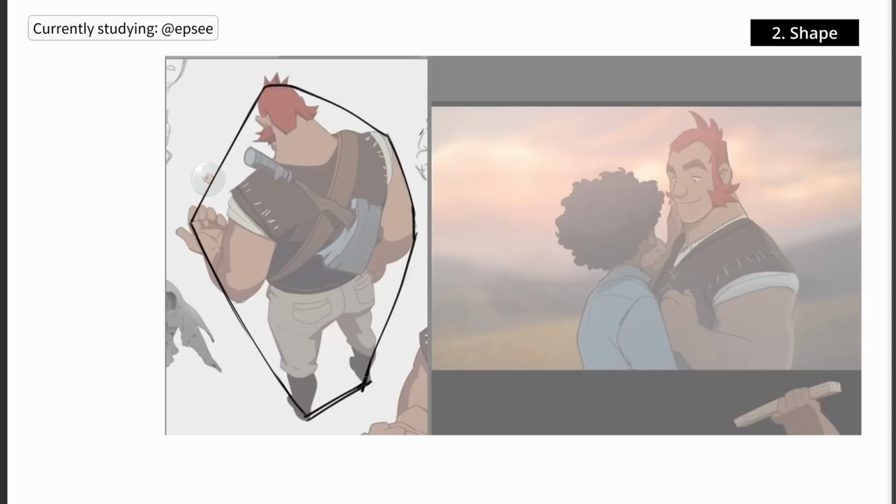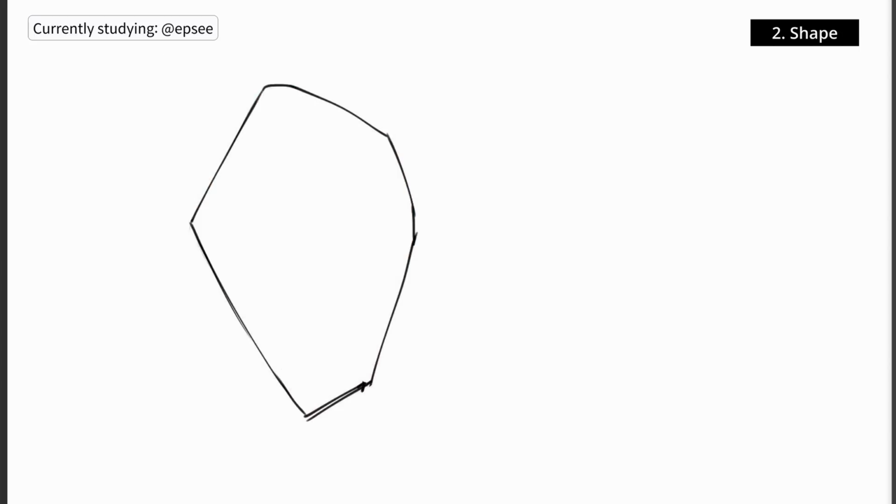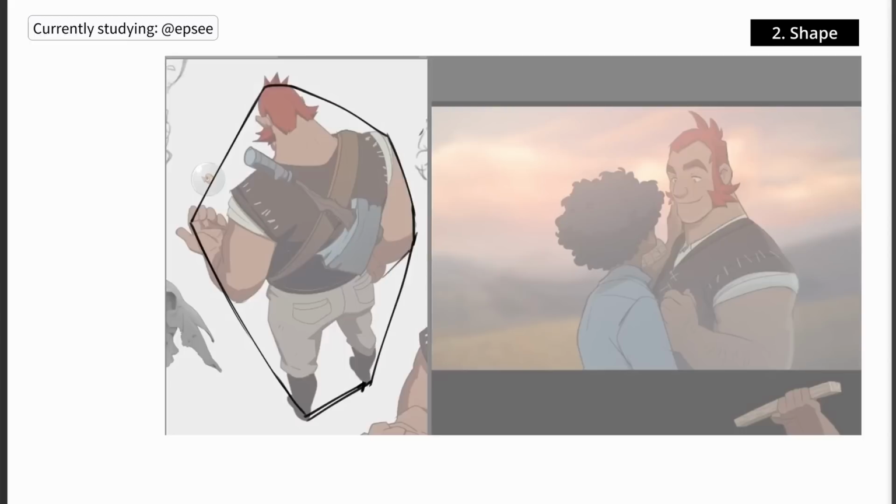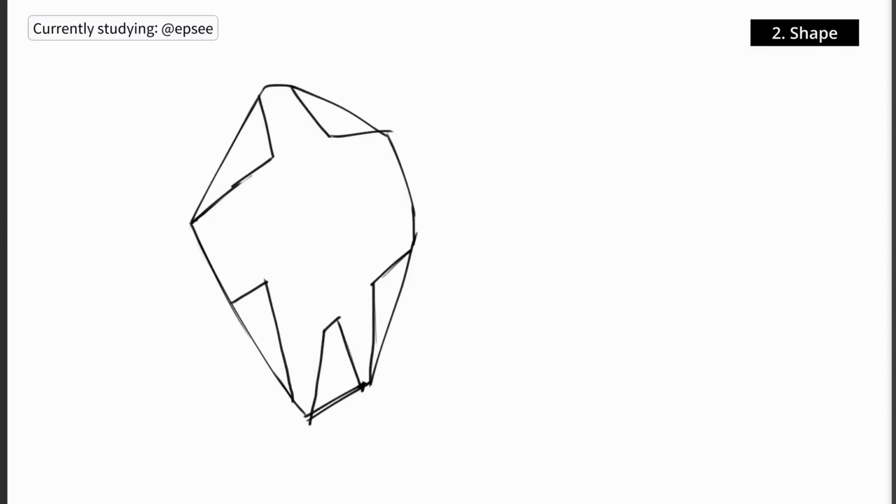His entire body kind of fits between these points. That's the basic shape of his body. And within that, we can start to cut out the negative shapes. And if we erase these, this is the basic silhouette of his pose.